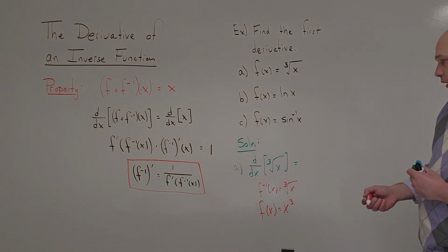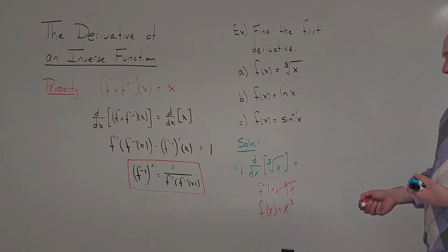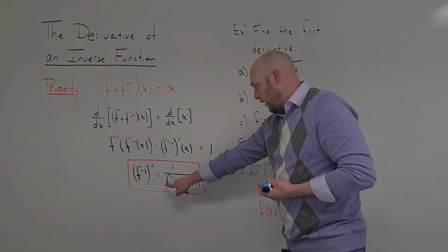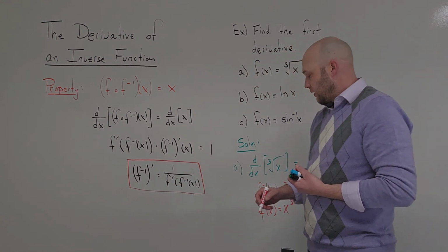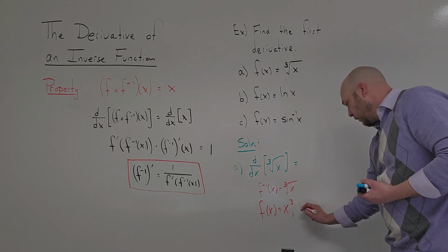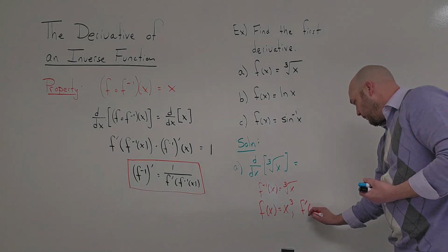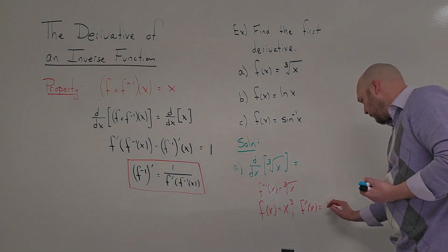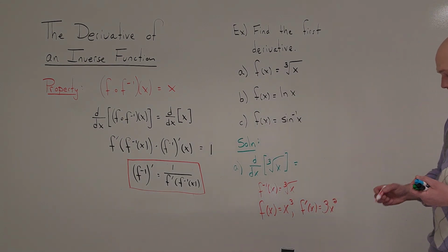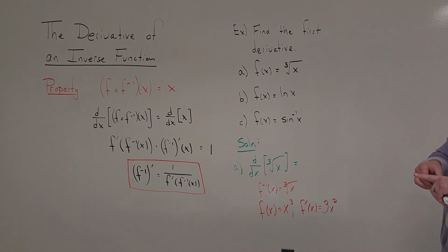All right, looking at that box, what do we need to find the derivative of the inverse function? I have to take the reciprocal of f prime evaluated at f inverse. Well, f prime, this is just going to be a power rule, so f prime gives me 3x squared. All right.